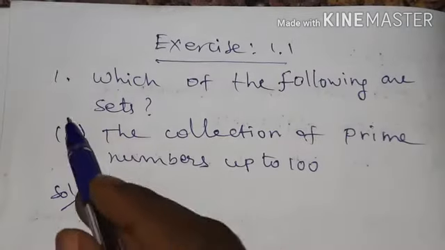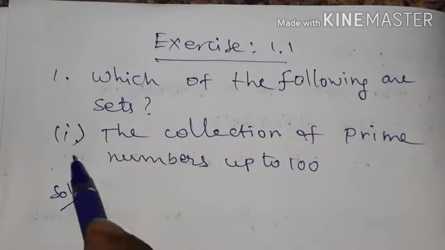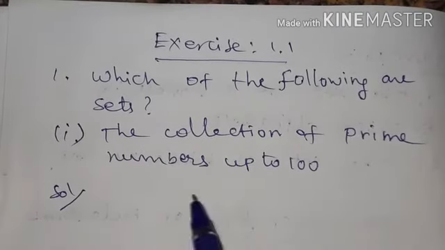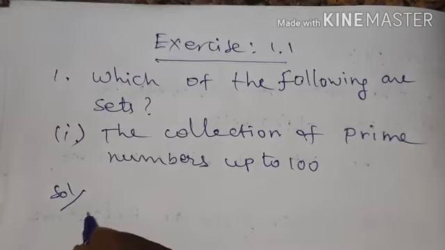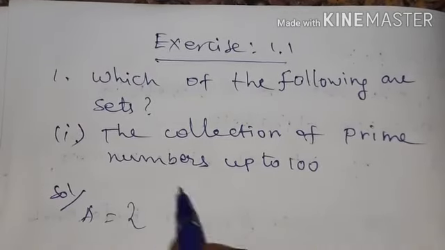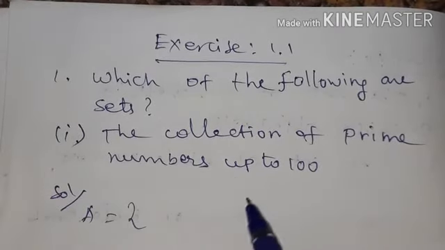Exercise 1.1. Which of the following are sets? First one, the collection of prime numbers up to 100. Set A is equal to the collection of prime numbers up to 100.